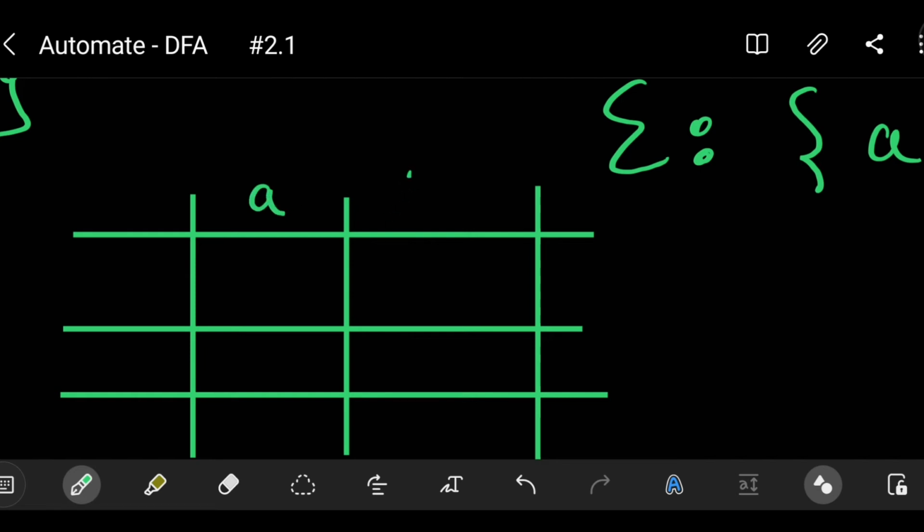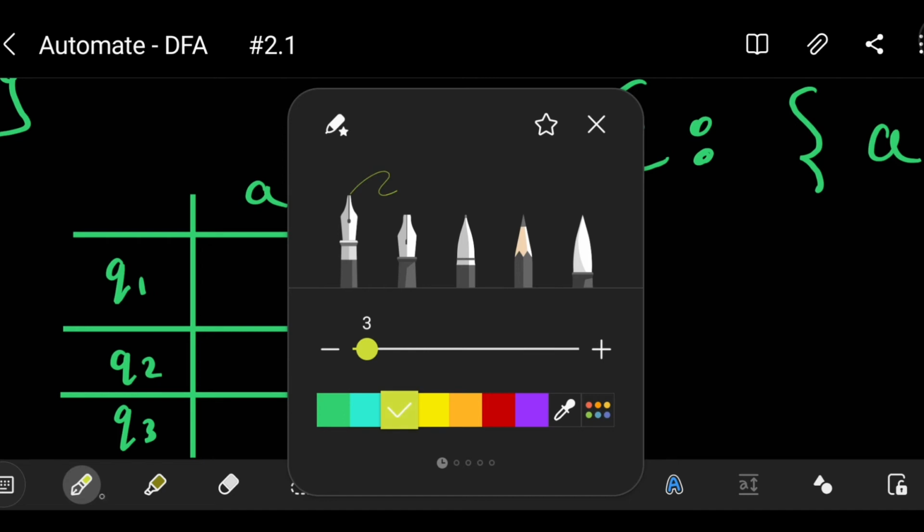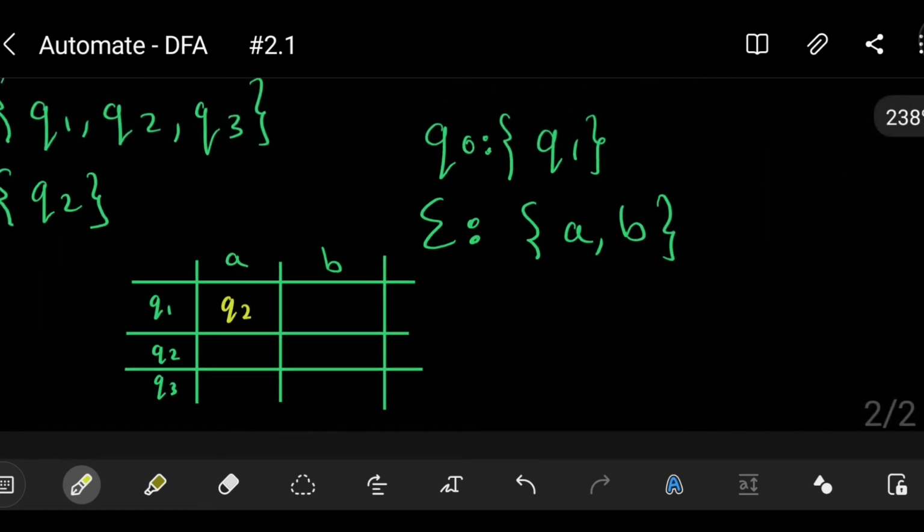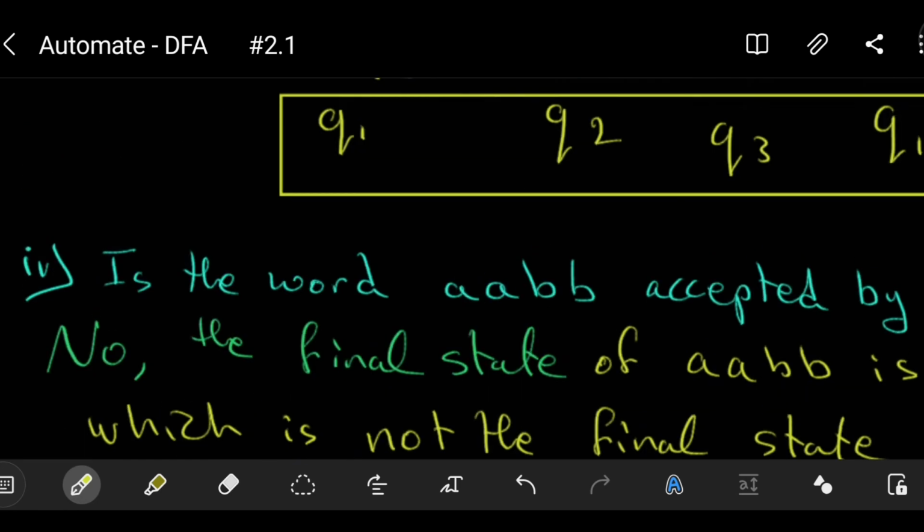We have A and B, these are the inputs, and we put the states on the left column, Q1, Q2, and Q3. Again, to solve this table, we need to go back to the automaton and see how this works.